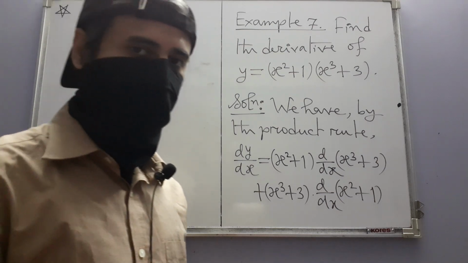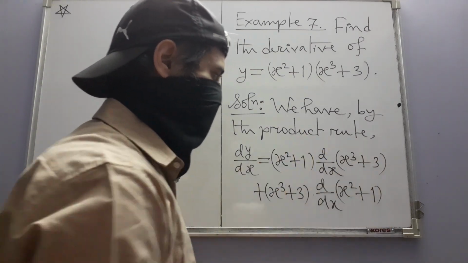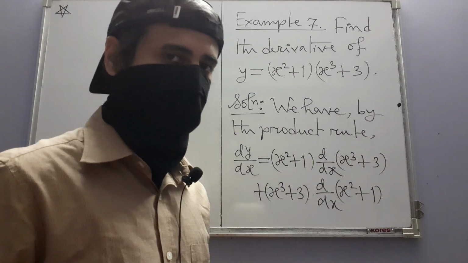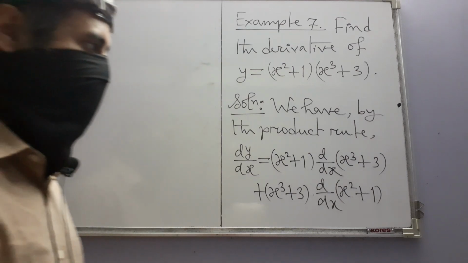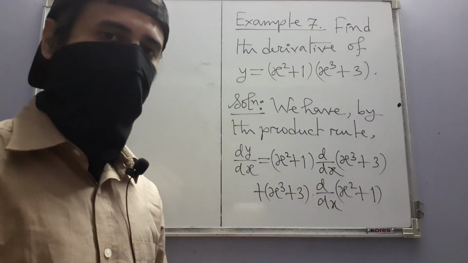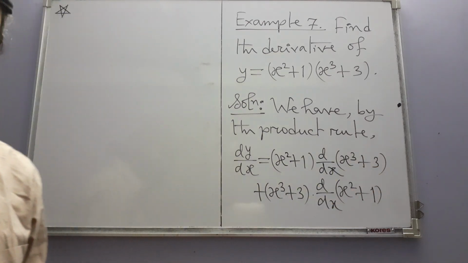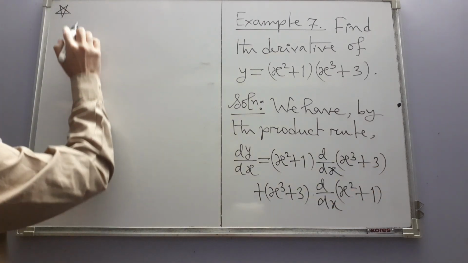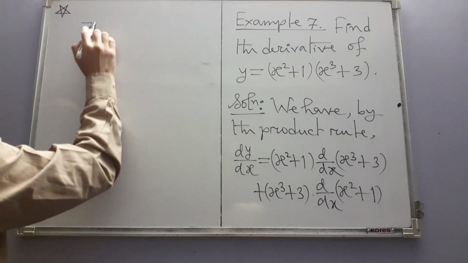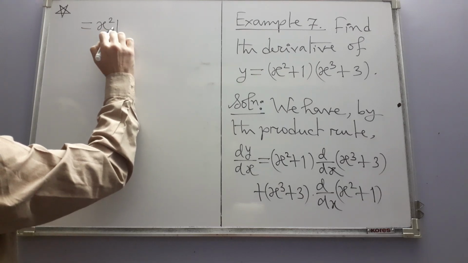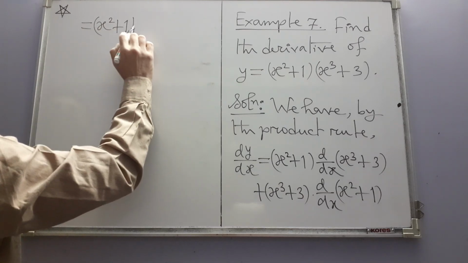Now we have to recall how to calculate these derivatives, which we already know. We have to use the sum rule, the power rule, the constant rule, all these things, but we won't do so in great detail. We will just write the derivatives straight away.